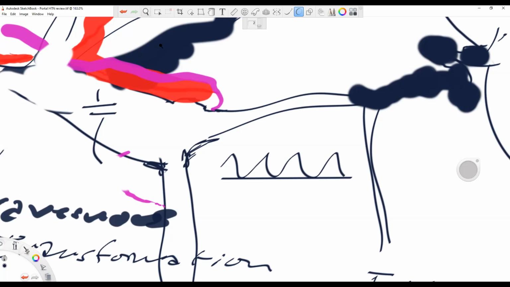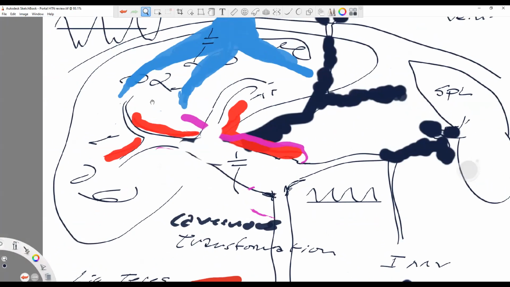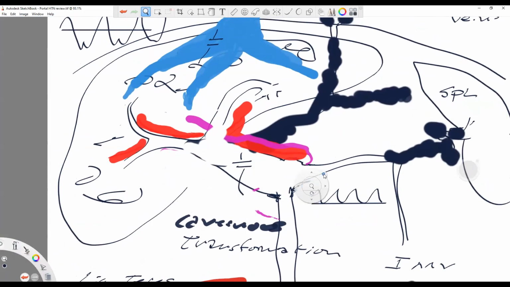And basically, when you see this very pulsatile main portal vein, it might be traveling in the right direction, but it's very pulsatile. And then you go back and you look at the hepatic veins, and they're hyperpulsatile. That's heart failure.